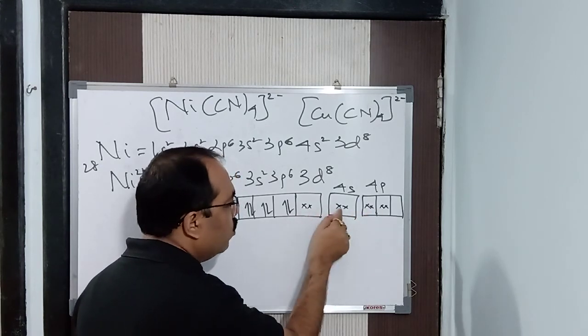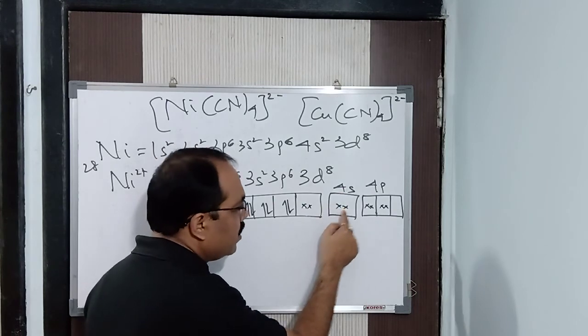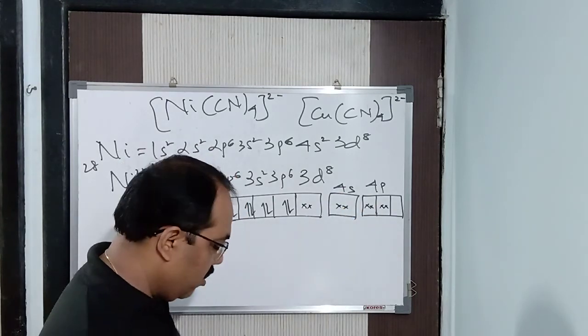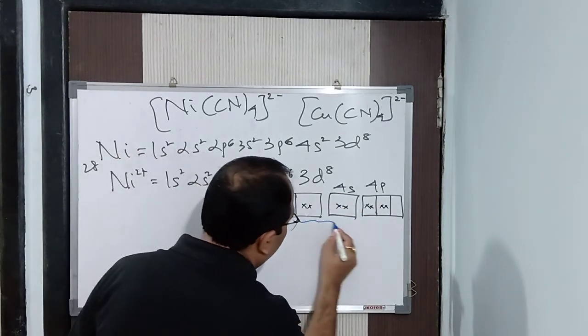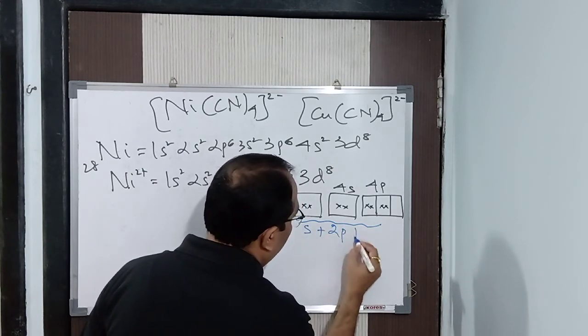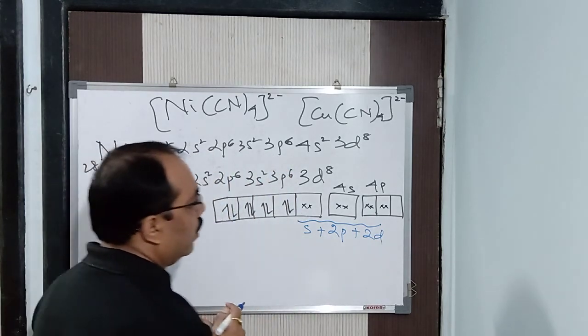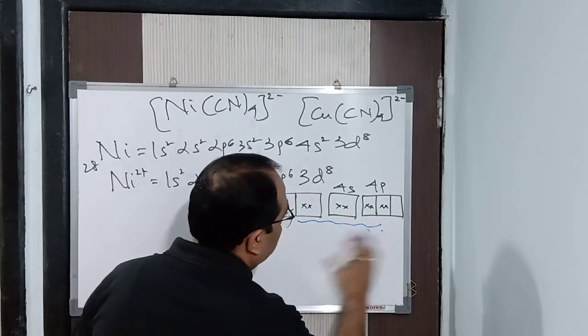See here, I have donated 2 electrons to each. So I have donated one to the d subshell, another to the s subshell, another to the p subshell. So what are the orbitals involved here? Sorry, what I wrote, I am very sorry.